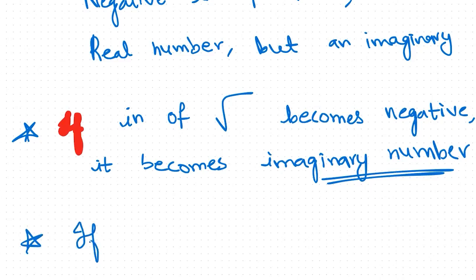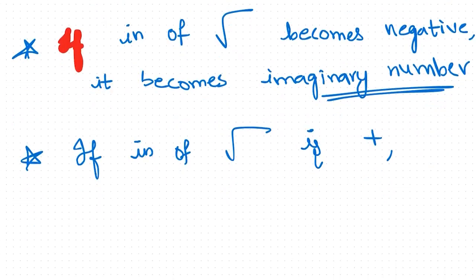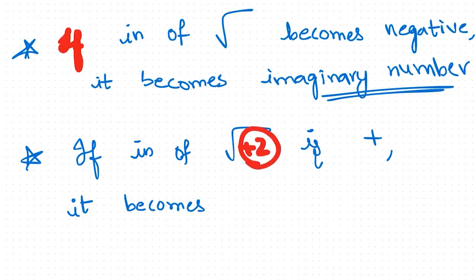But if the inside of the square root is a positive number, can we say it is an imaginary number? It is not imaginary. Inside the square root, let's say positive 2. It is complex, but to be more precise, we call it a real number.